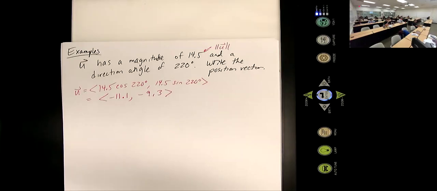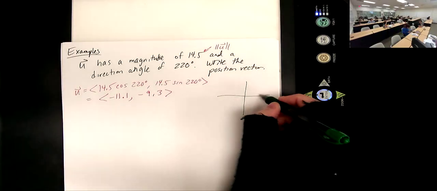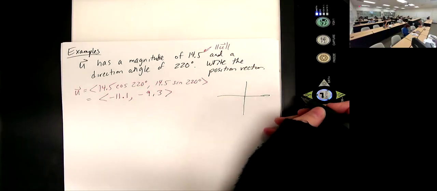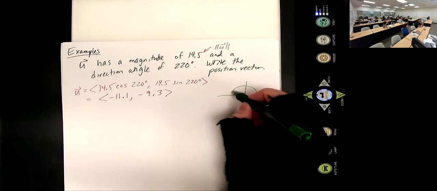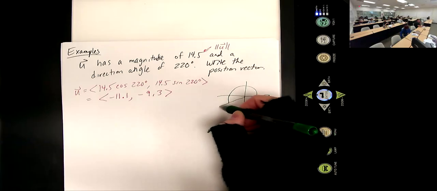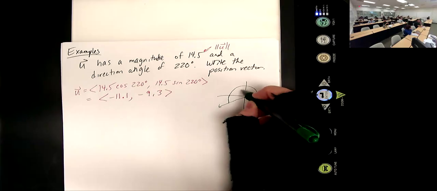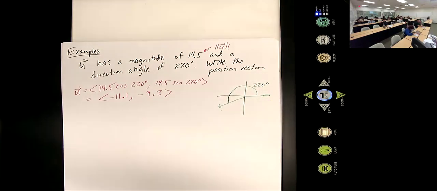If you're ever wondering whether that's right, you can always sketch a picture real quick. What quadrant is 220 in? Third. This would be 180, so I need to go another 40 degrees. This would be 220 degrees. So over here, x and y should both be negative.